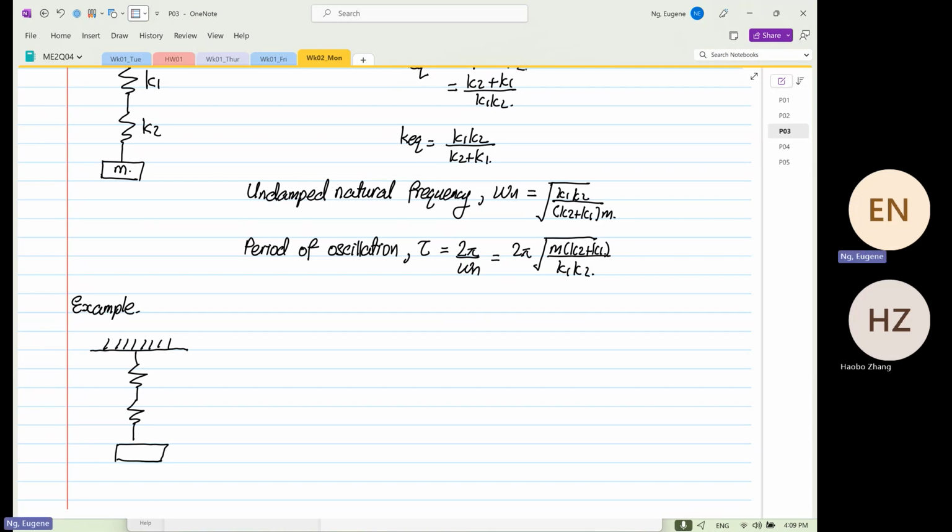K1 is equal to 1,500 Newton per meter, K2 is equal to 1,000 Newton per meter, and the mass for this case is equal to 20 kilogram. We are going to determine the equation of motion.